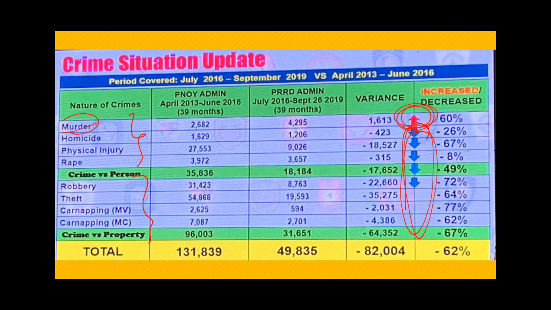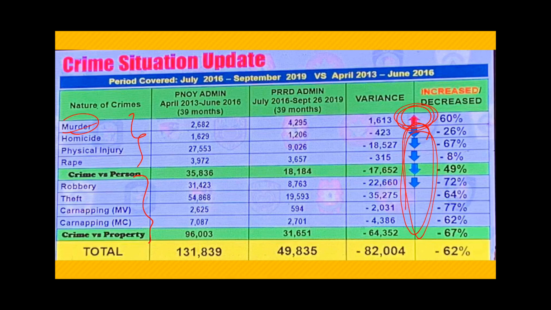And of course, that is something that we expect because first and foremost, we are in quarantine, so not everyone is going out. There's a liquor ban, so any substances that will induce you to do crime are already depleted. And third, since it's quarantine, if crime is happening, you are disincentivized to go to a police station to make a report. Kasi nga, bawal lumabas. So, eventually, that's how we can explain it.